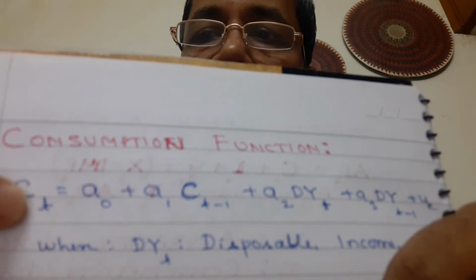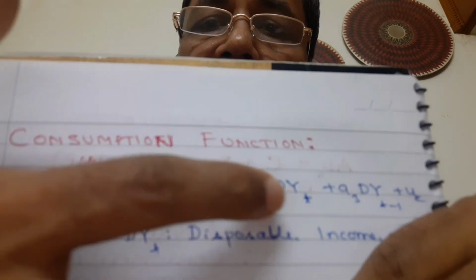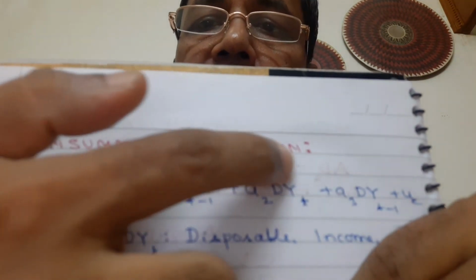So in this equation, C as a function of Ct minus 1, dyt and dyt minus 1, this variable is no more exogenous, it is endogenous. When it is endogenous, there is a strong likelihood that the covariance between this explanatory variable, that is dyt, and the stochastic error term, that is UC here, is no more 0. When the covariance between one of the explanatory variables and the stochastic error term is no more 0, then one of the important assumptions of the classical linear regression model is violated.